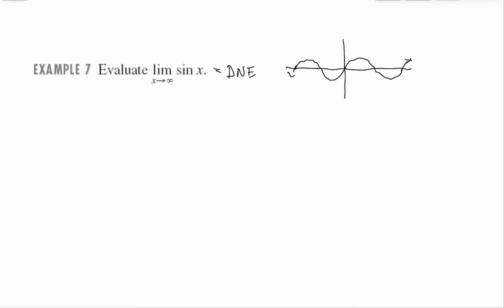Sometimes it's up at +1, sometimes it's down at -1. Sometimes it's anywhere in between. So because of that, we can't really specify. So sometimes you have to use logic and what you know about the graph of something. Okay.